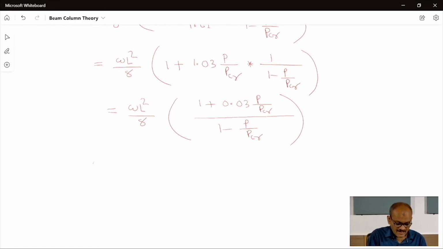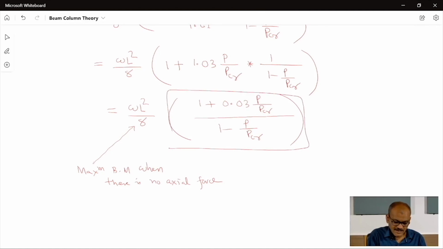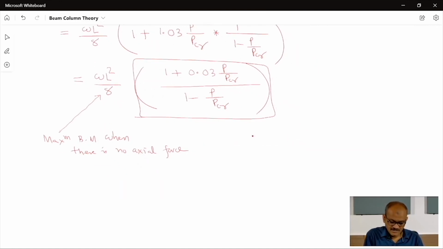This is the maximum bending moment compared with the case when there is no axial force. So this is the amplification factor for M max.